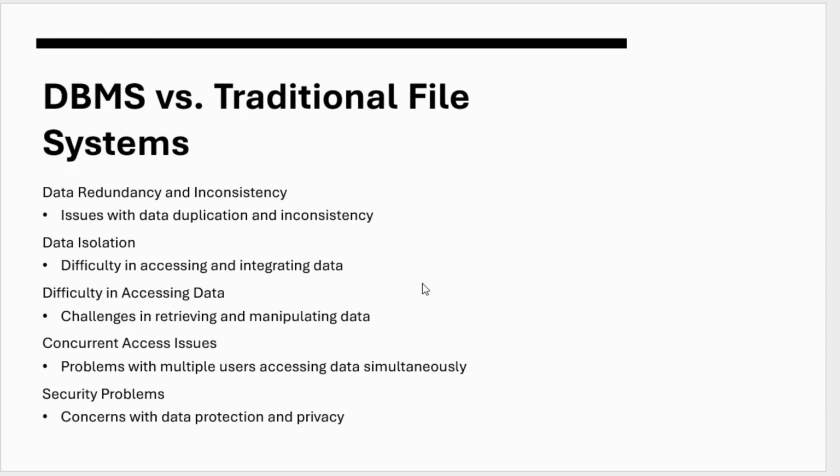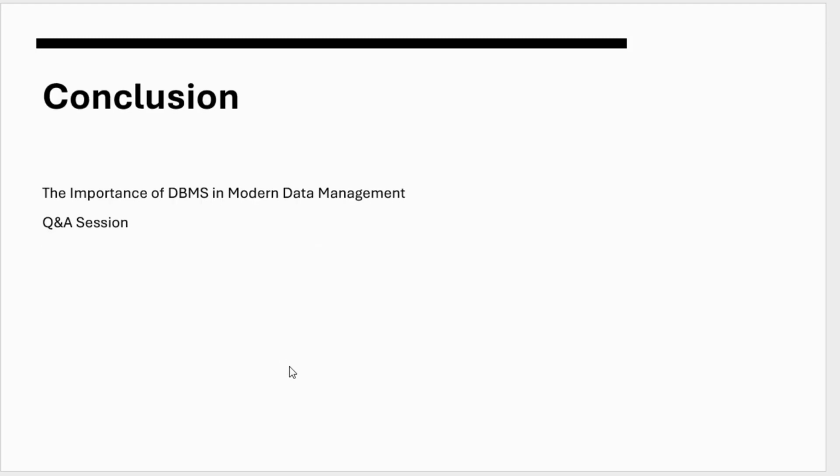Concurrent access issues. It can be defined as multiple users accessing data simultaneously. It can be complicated using traditional file systems. Security problems, concern with data protection and privacy. So these are the disadvantages of using traditional file systems.